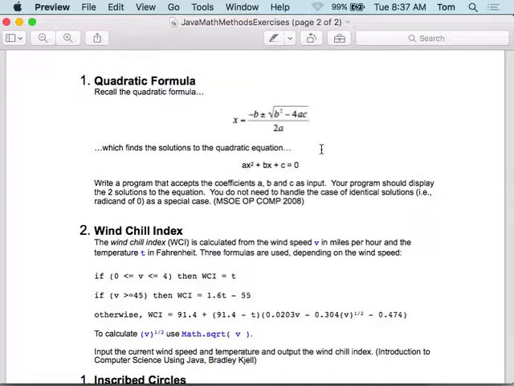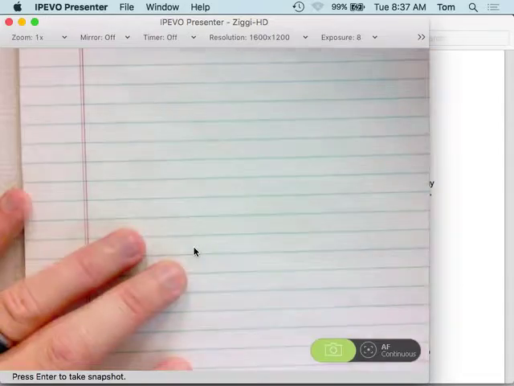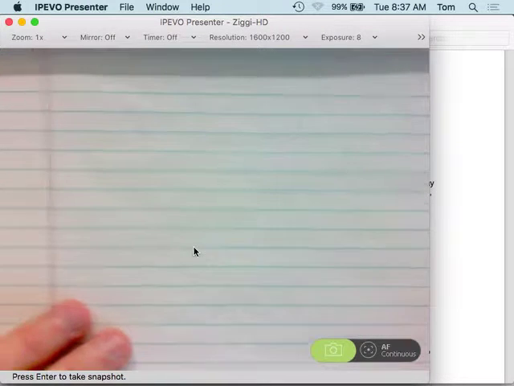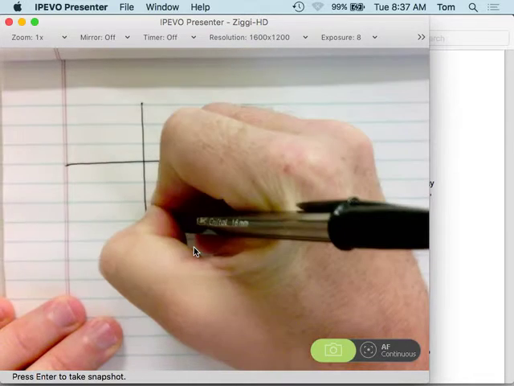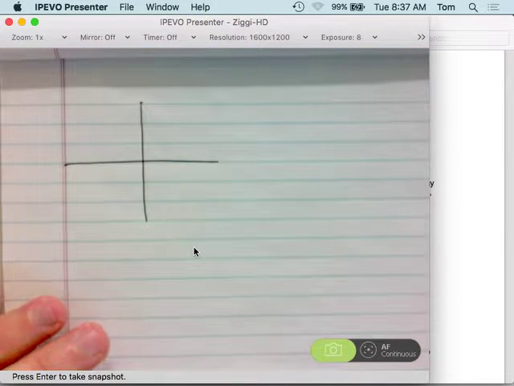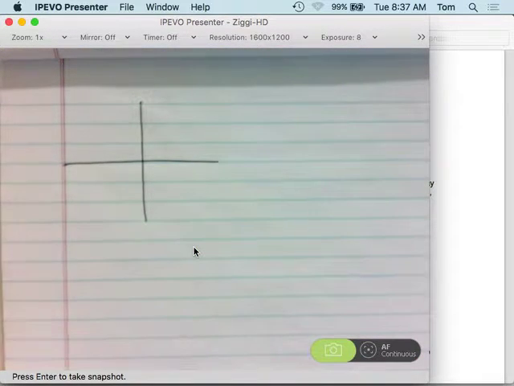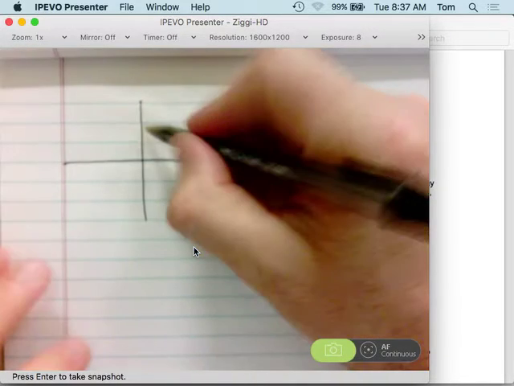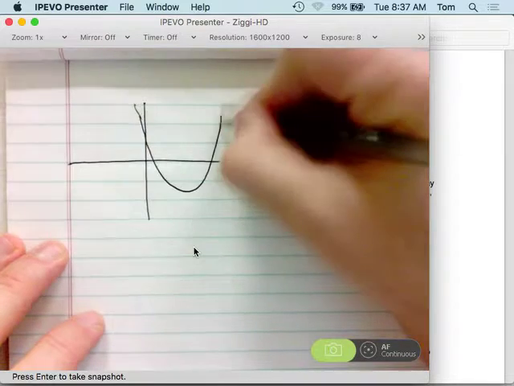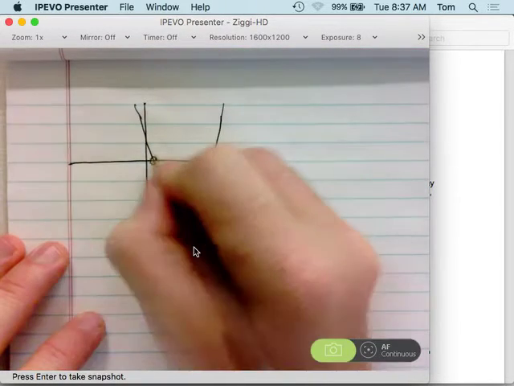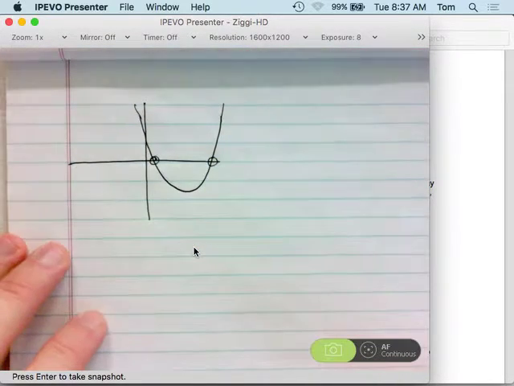Quadratic formula is a weird one because it's describing the roots of a parabola, okay? So let's talk about a parabola first. Okay, what does a parabola look like? It looks like a U. Okay, good. So we're used to thinking about a parabola that looks like this, right? Something like that. This is called a root. This is also called a root.